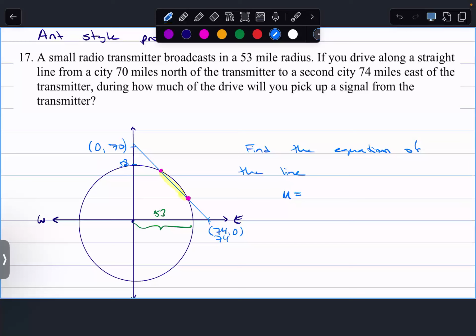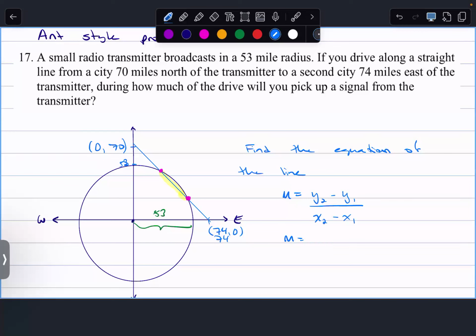The slope, rise over run, is the change in the y's, y2 minus y1, over the run, x2 minus x1, which is on your formula sheet in case you lose it.